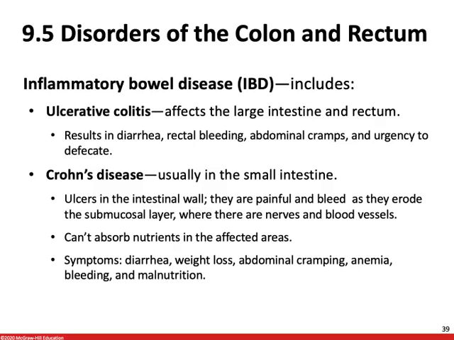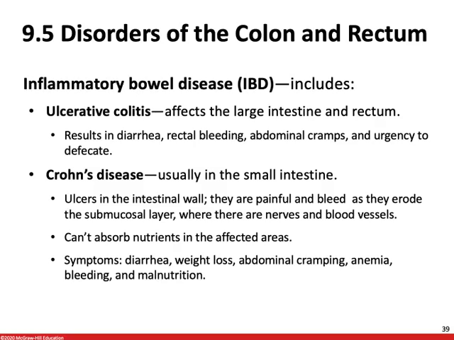Not irritable bowel syndrome, inflammatory bowel disease can include ulcerative colitis, which infects the large intestine and rectum, and could result in diarrhea, rectal bleeding, abdominal cramps, and the urgency to defecate. Crohn's disease, you may see, I feel like every time I turn on the TV, I'm seeing advertisements for different medications for Crohn's disease, but this is usually occurring in the small intestine.